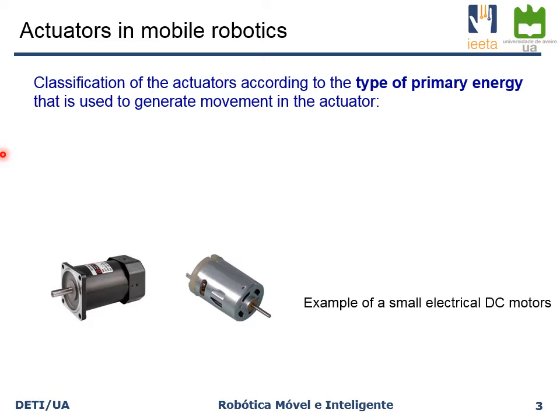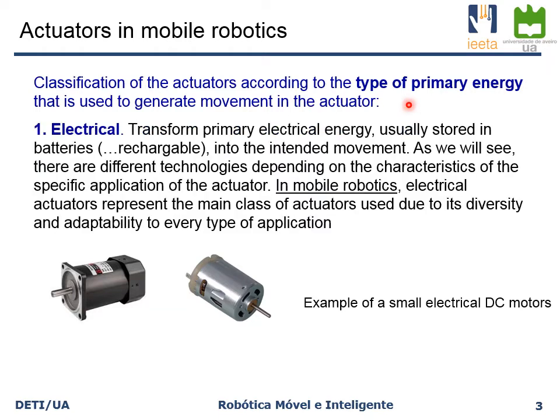So what we will start to do in terms of classification of actuators is to look into the type of primary energy that is used to generate movement of the actuator. And the first one that we will refer is the electrical primary energy.